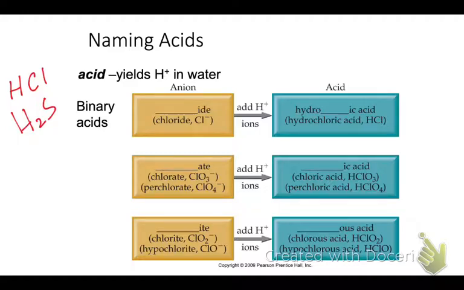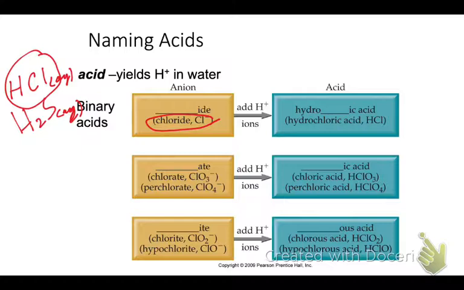How do we name the acids? First, we have to identify that they are acids by always saying aqueous, which means they are in water. And we take the anion. So what is the anion for this acid here? The anion is chloride, okay?